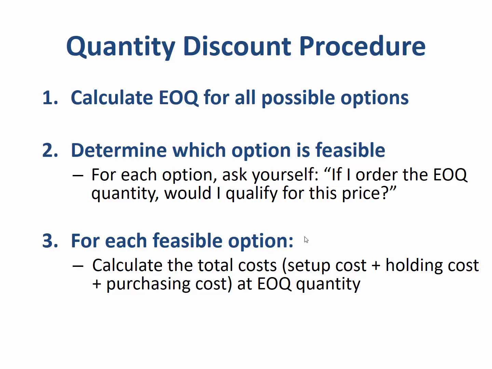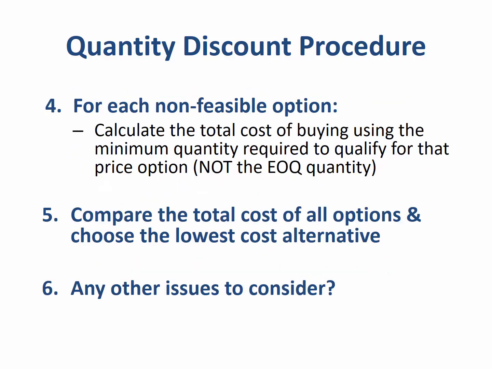Now, if the option is feasible, we jump to step 3, where we calculate the total cost, which is setup cost plus holding cost plus purchasing cost, at the EOQ quantity, and that's only for the feasible options. For the non-feasible options, I'm jumping to step number 4. I'm also going to calculate the total cost, which is setup cost, holding cost, and purchasing cost.